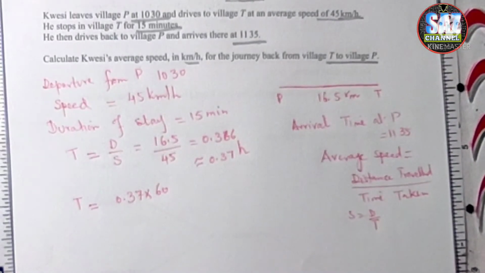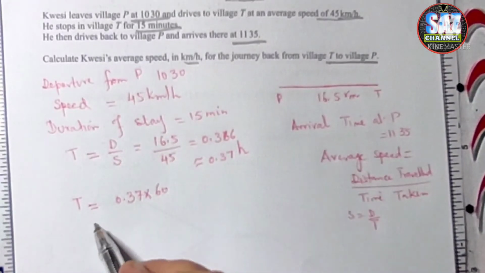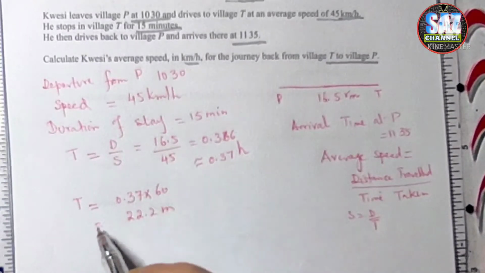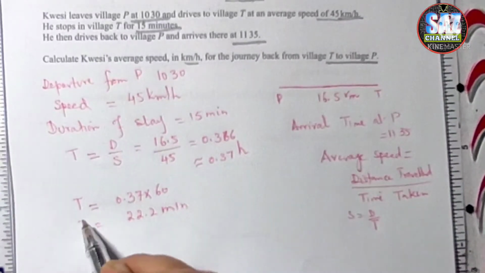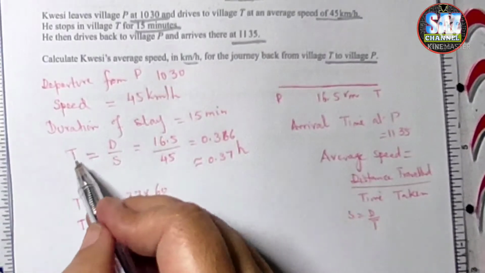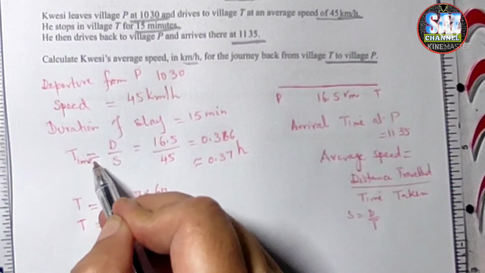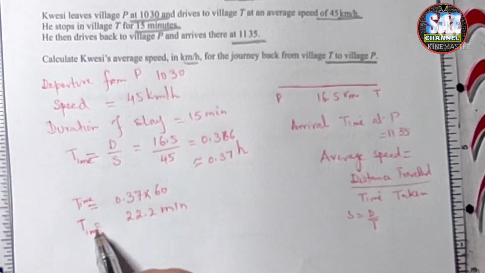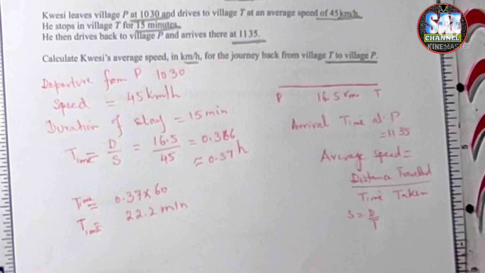This gives me 22.2 minutes. This is the travel time. Here I should write time because T is the destination place as well. This is the time that he is consuming for traveling.